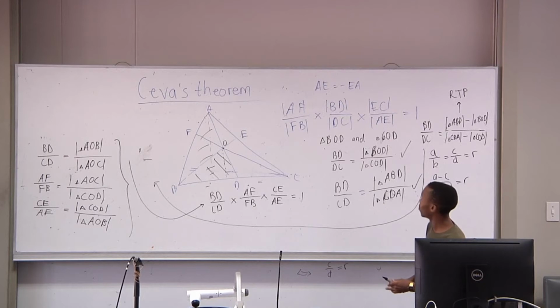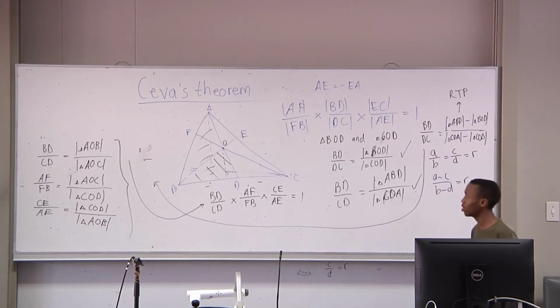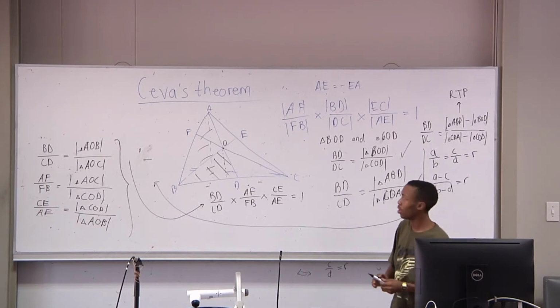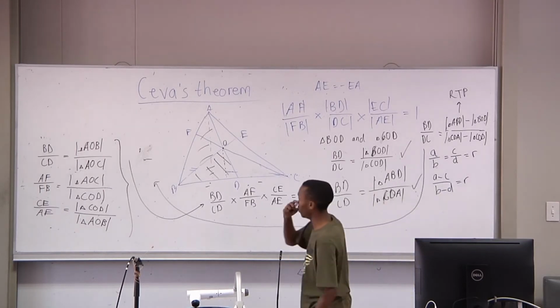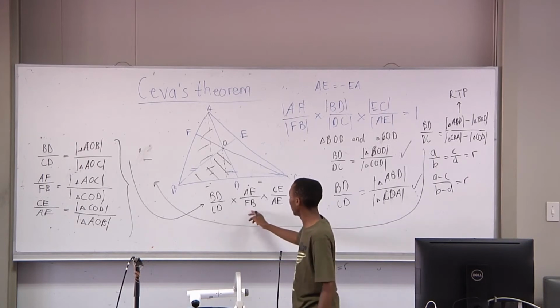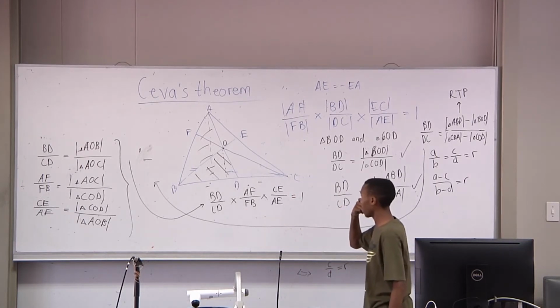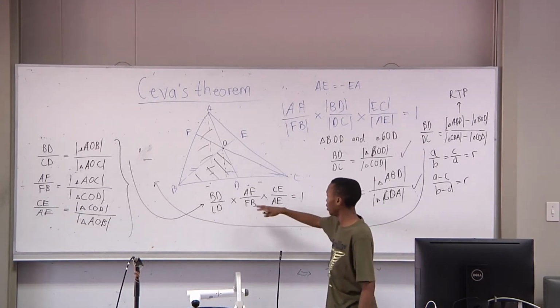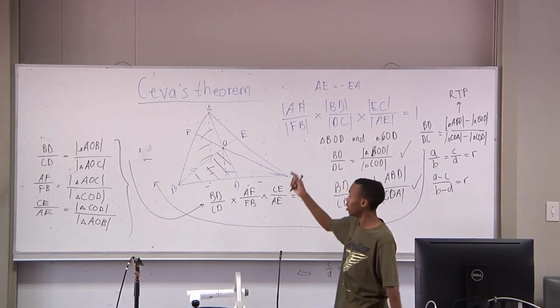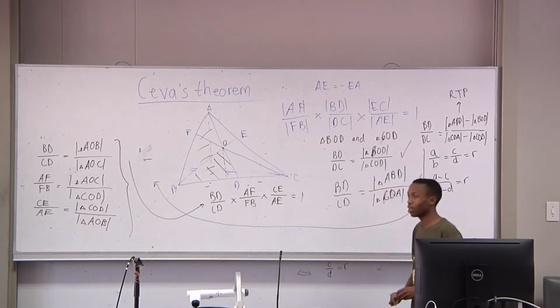So that's what Ceva's theorem states. And the converse is also true. So if you have Cevians such that the product of these ratios is 1, then the Cevians are concurrent.